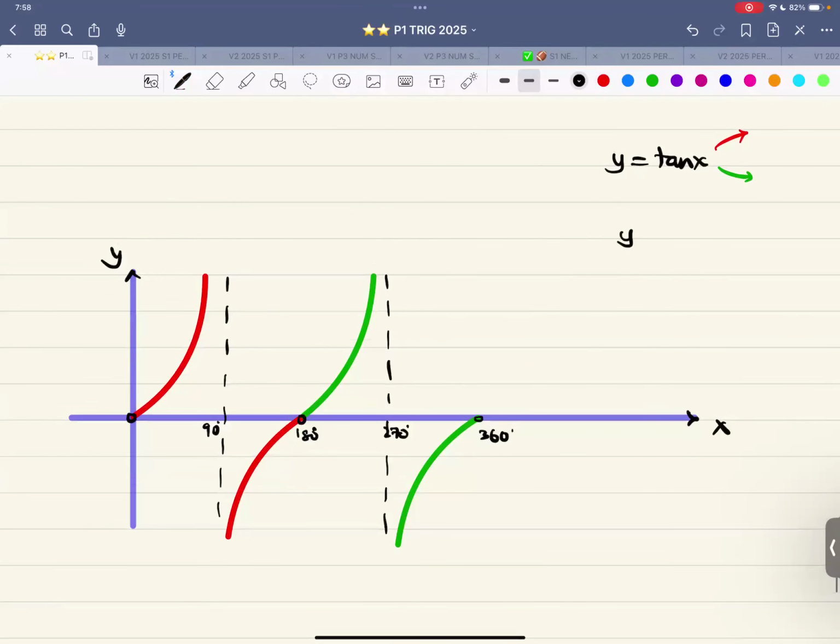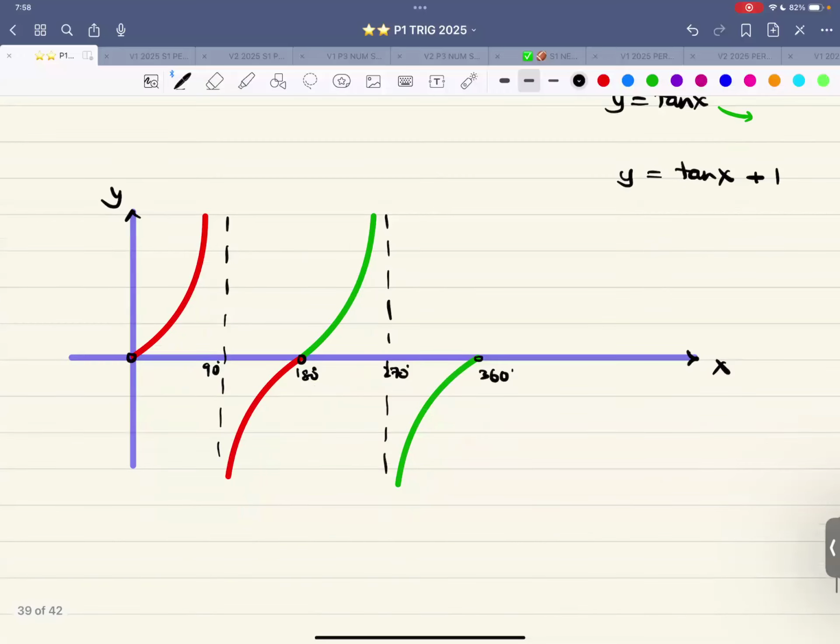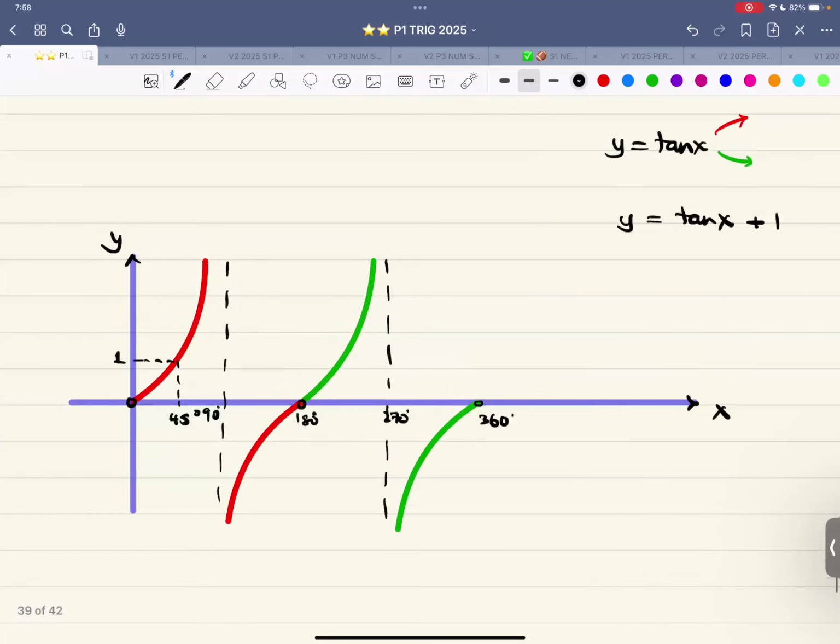And I'm interested in y equals tangent x plus 1. Now it's going from infinity to negative infinity. But there is a major point over here that is 45 degrees. At 45 degrees, this is 1. So now what I can do is, let me draw in blue color, something like this. And that's how the graph is drawn.